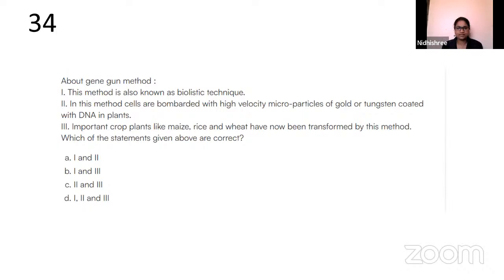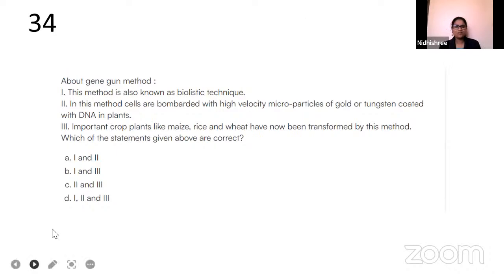So important crop plants like maize, rice and wheat have been transformed by this method. So all 3 statements related to the gene gun method are right. Option D is the right answer. And I did not get any right answer for this question actually. It's okay. Kanchana Raj, no need to worry about A and B. The answer is option D.